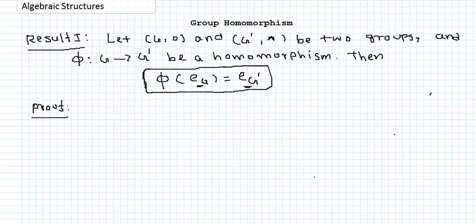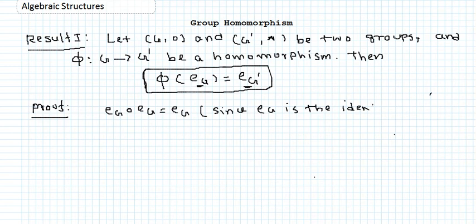So what we know, because EG is an identity element, we can write EG composed with EG is EG. Since EG is the identity element of the group G, this is from the property of identity elements: EG composed with EG always gives EG.